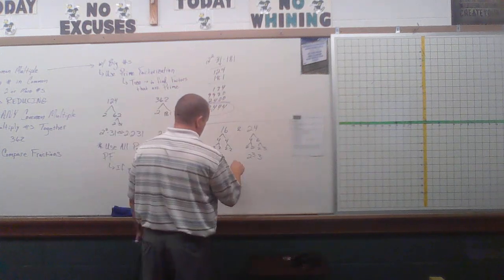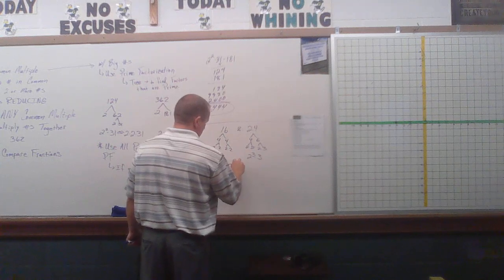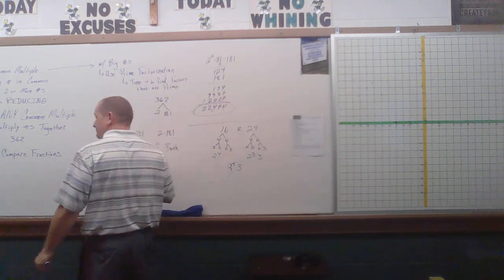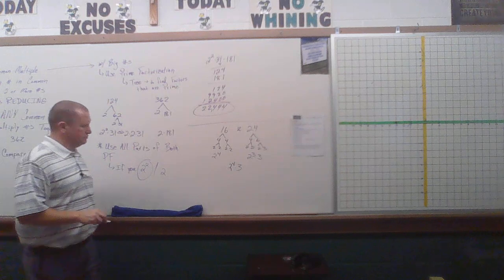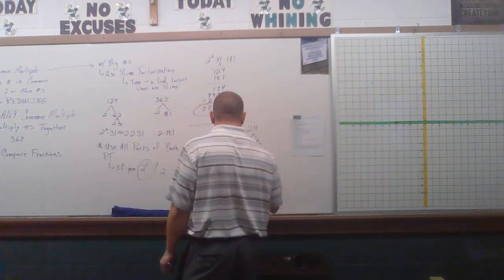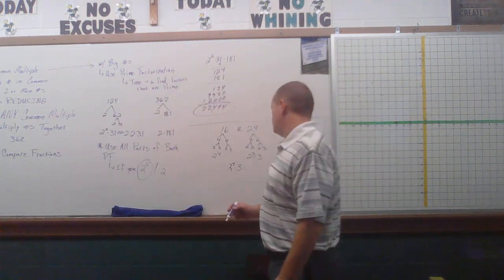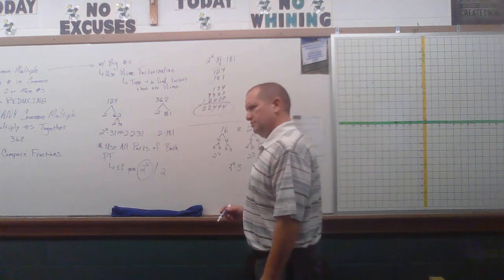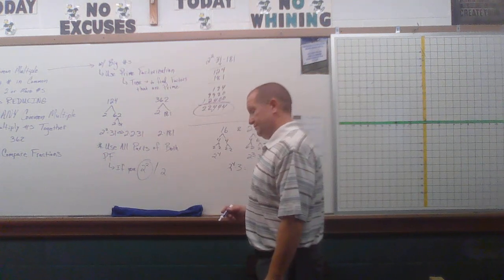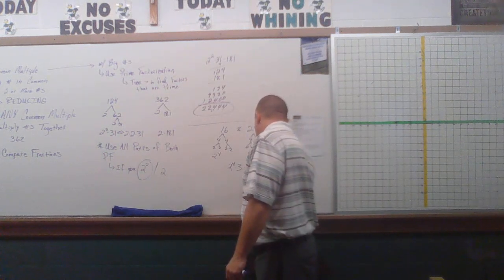So this one should have been 2 to the 4th times 3, which is 48. 2 to the 4th is what? That's 16. 48.